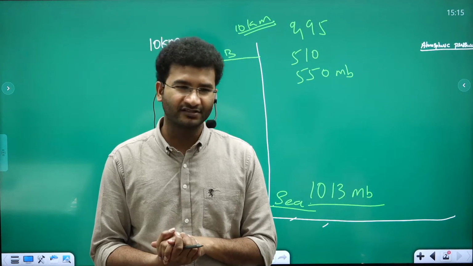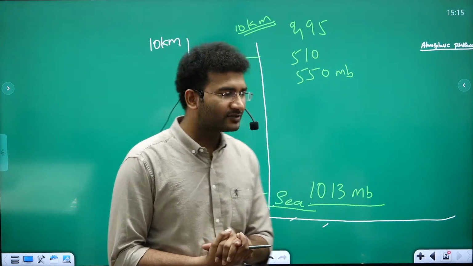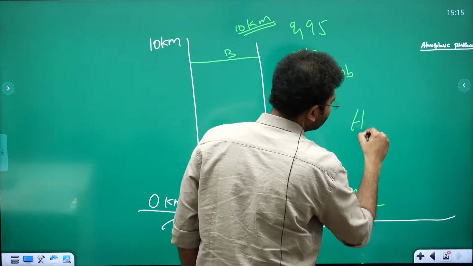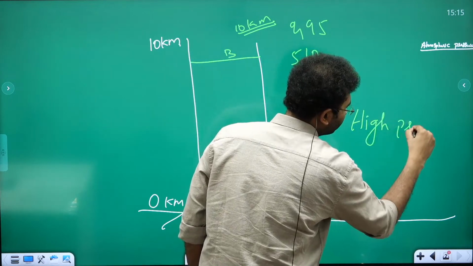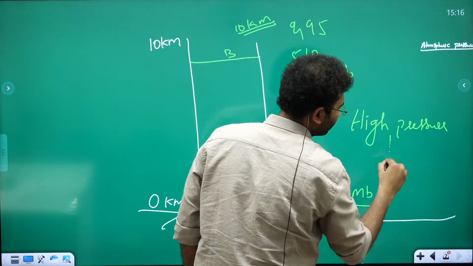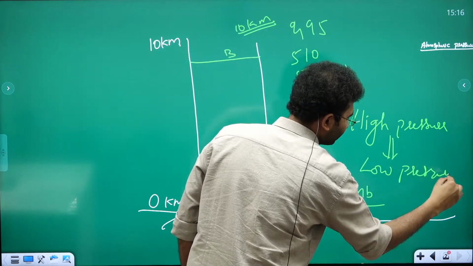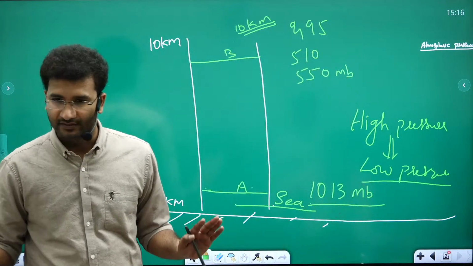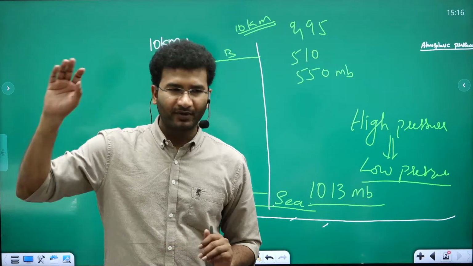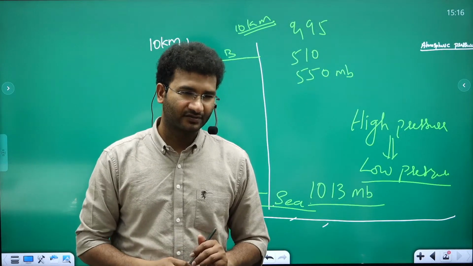Wind always moves from high pressure to low pressure, right? This is true. Clear? Wind always moves from high pressure to low pressure regions.